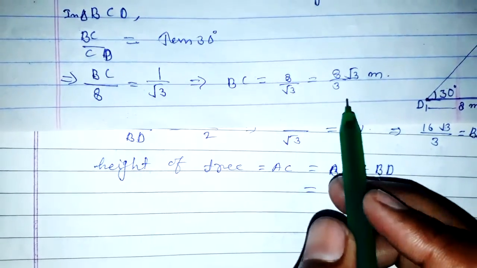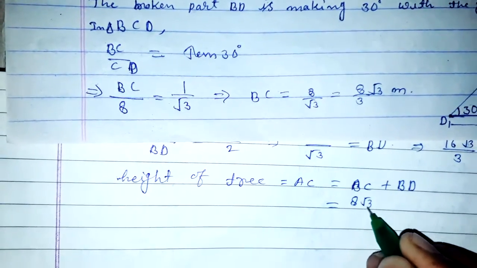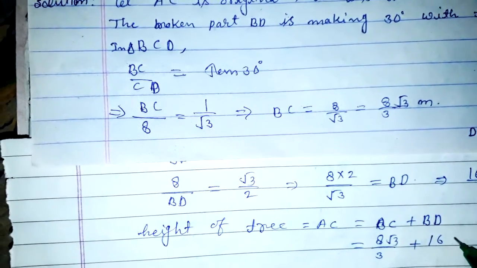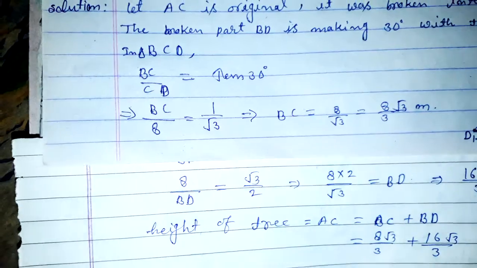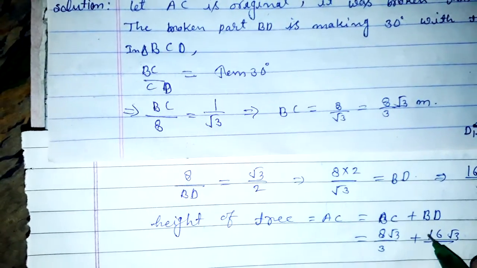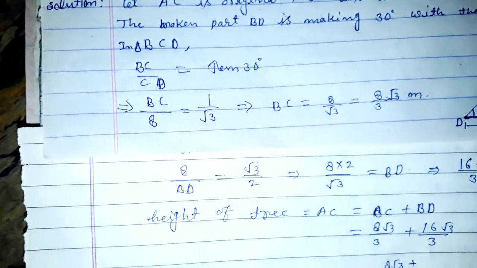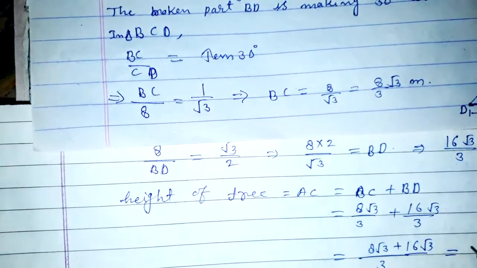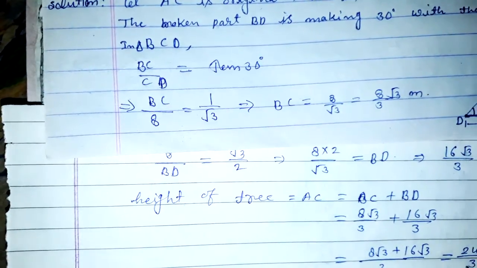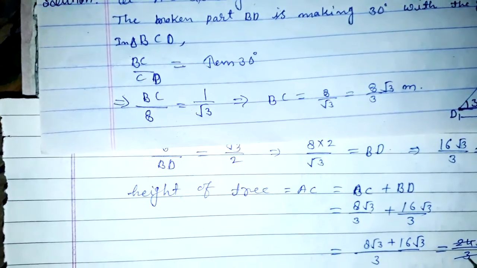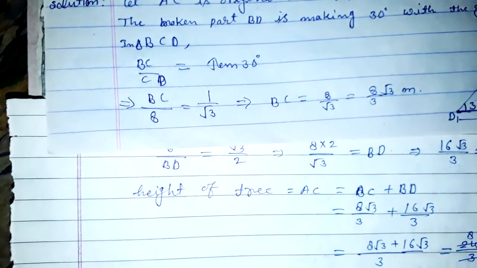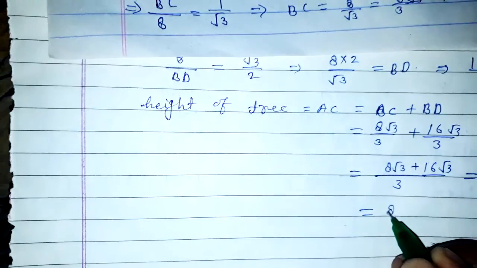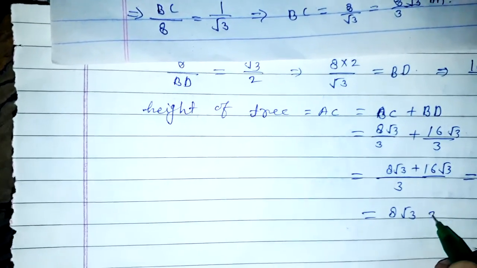BC is 8 root 3 upon 3. 8 root 3 upon 3 plus, what is the BD? BD is 16 root 3 upon 3. Take the LCM, which is 3. So this is 8 root 3 plus 16 root 3. So the sum here is 24 root 3 upon 3. Divide this value, 8 times. So the height of the tree is 8 root 3 meter.